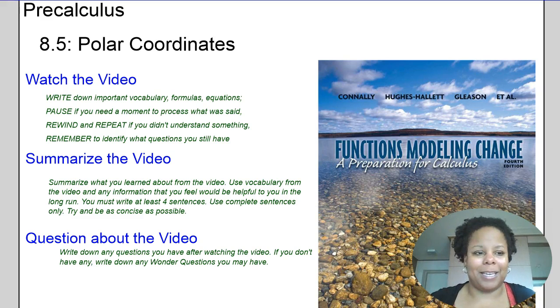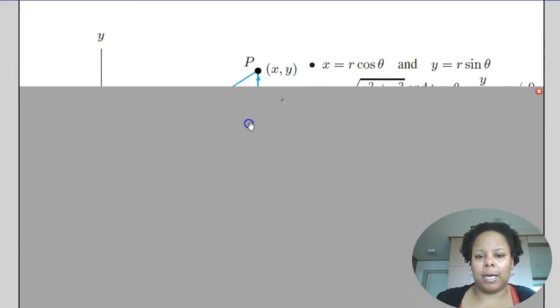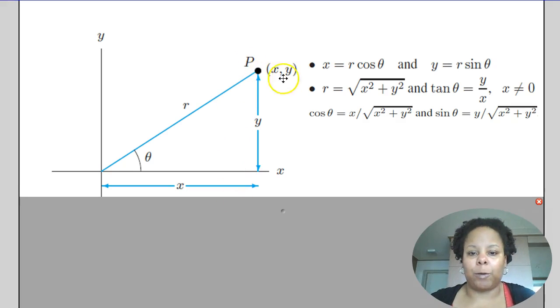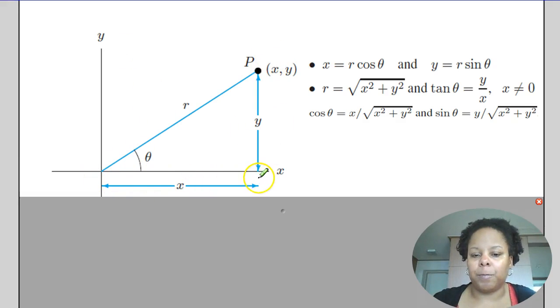All right, let's begin. We're actually going to do a new section on polar coordinates that involves trigonometry. So here we have, as an example, a point on a Cartesian plane, and we are used to identifying that point in coordinates of x and y, where x represents the horizontal distance from the origin and y represents the vertical distance from the origin.